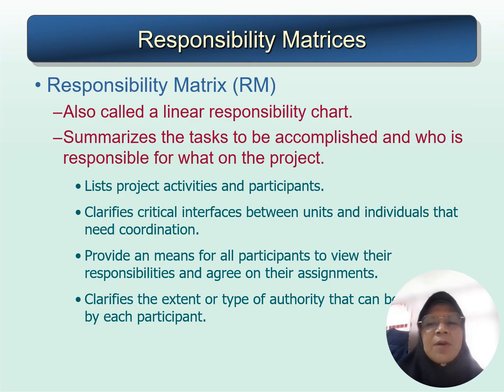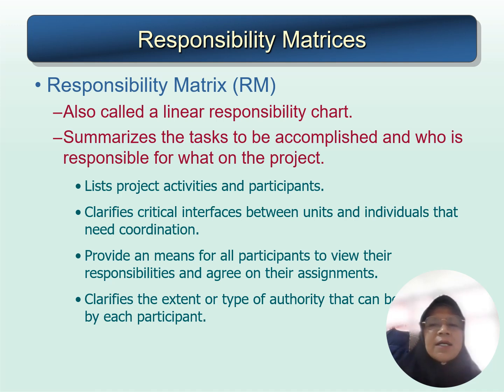We have described work packages. Each work package must have responsibility. So now we will talk about the responsibility matrix. These responsibility matrices are also called a linear responsibility chart. It summarizes the tasks to be accomplished and who is responsible for what on the project.